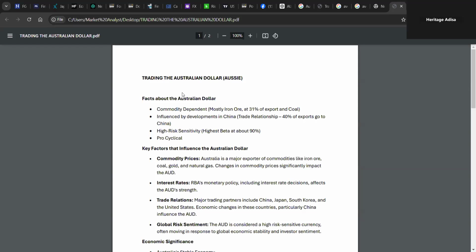Whatever the central bank does with policy has a major impact on the value of the currency. And in this case, for Australia, the Reserve Bank of Australia is the one we need to look out for. They usually have their meeting every month, except in January, usually, right?